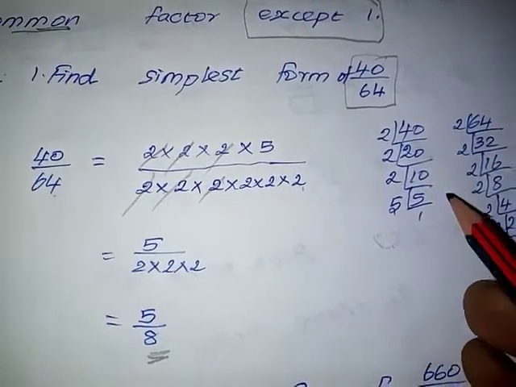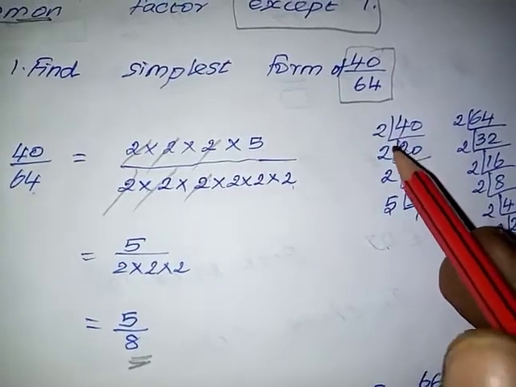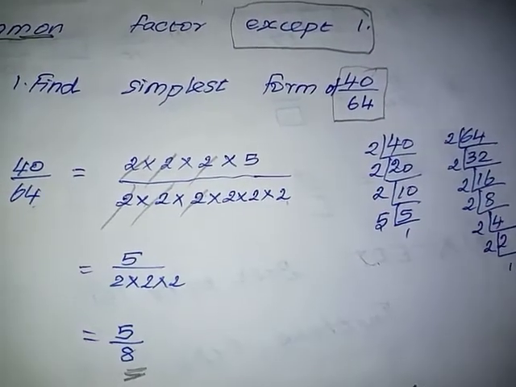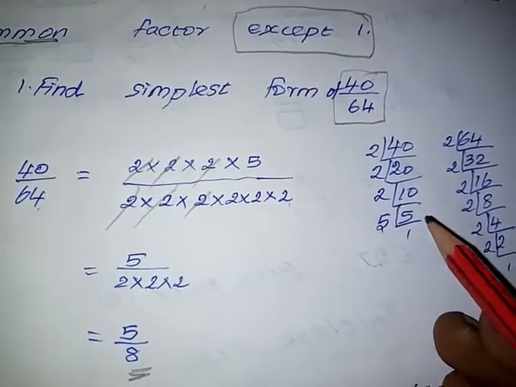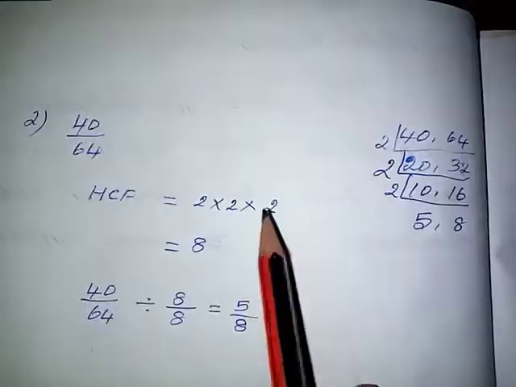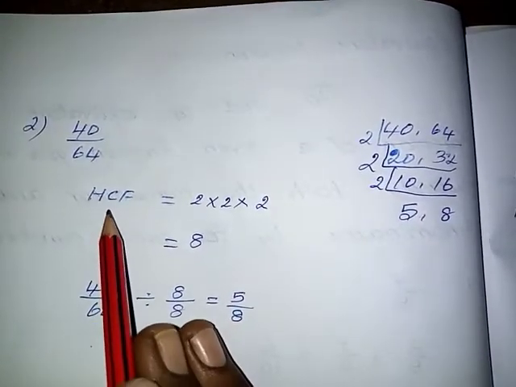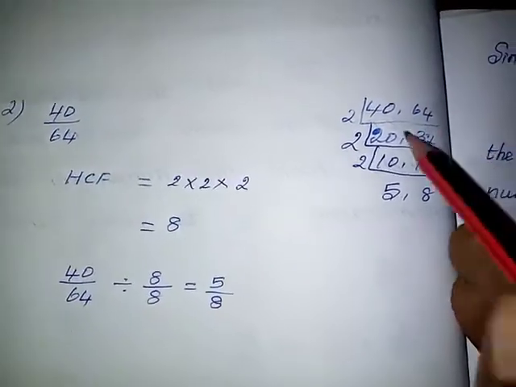So in this method we have to find the prime factors of the given numerator and denominator. So this is one method we can find the simplest form of the given fraction. The same question we have to find using the HCF method. So numerator 40 and denominator 64.